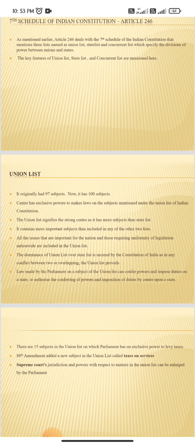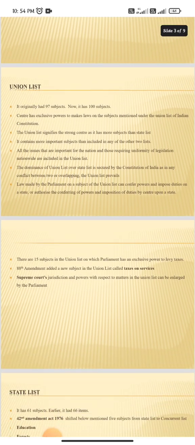All the issues that are important for the nation and those requiring uniformity of legislation nationwide are included in the Union list. The dominance of the Union list over the State list is secured by the Constitution of India, as in any conflict or overlapping, the Union list prevails. A law made by Parliament on a subject of the Union list can confer powers and impose duties on a state, or authorize the conferring of powers and imposition of duties by the Centre upon a state.